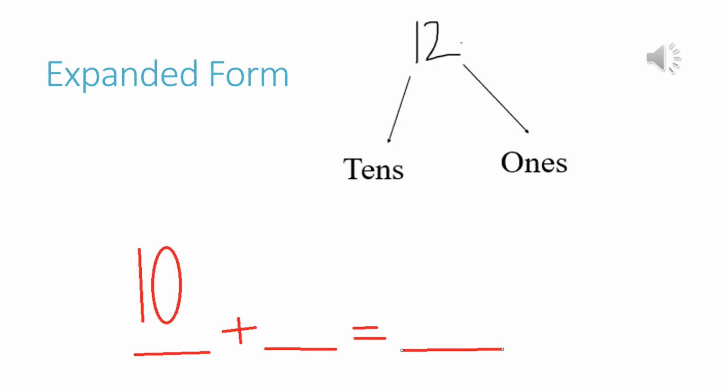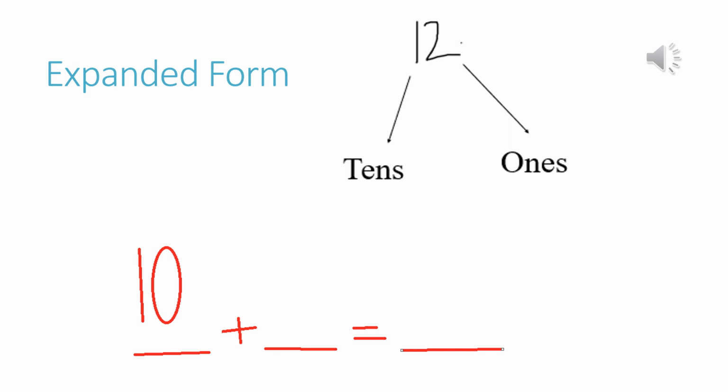Now we're going to figure out what numbers we are going to put in our equation. So looking at our number 12, we could tell that we have 1 ten and 2 ones. So we are going to start with our tens. We see that we only have 1.